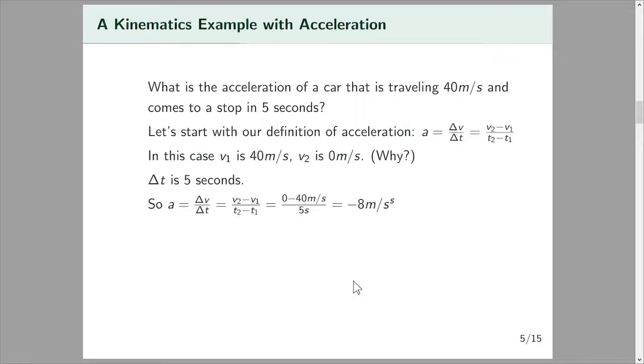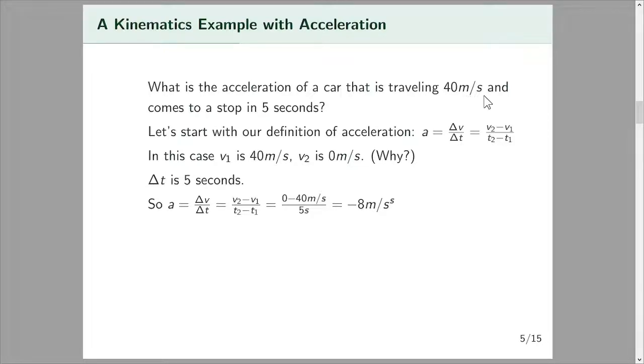So let's do another one. This is saying, what's the acceleration of a car that is traveling at 40 meters per second and comes to a stop in 5 seconds? There's at least some information in this problem that wasn't said. First of all, you should look at that 40 meters per second. What is that? That's its v1, right? It doesn't say anything about velocity, but you know they're talking about a velocity because this is in meters per second.